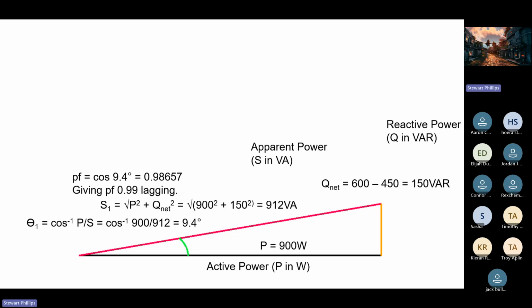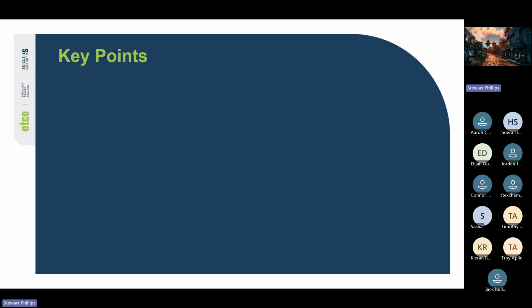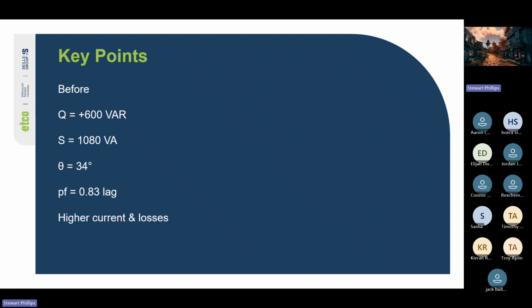Cool. So some key points to take away from what we just talked about. Before, we had a Q of plus 600 VAR, an apparent power of 1080 VA, a phase angle of 34 degrees, a power factor of 0.83 lagging, and high current and losses.